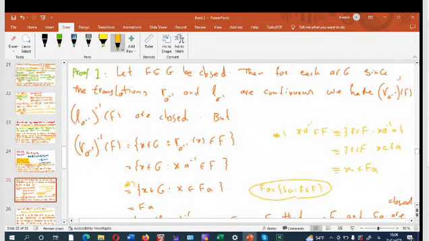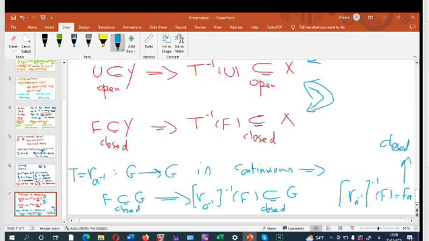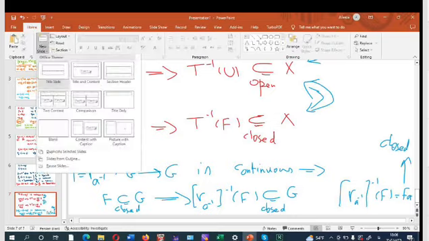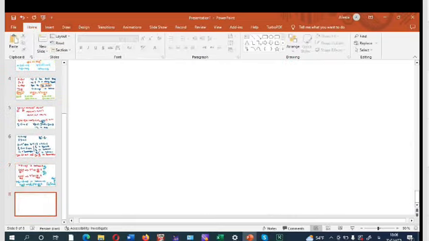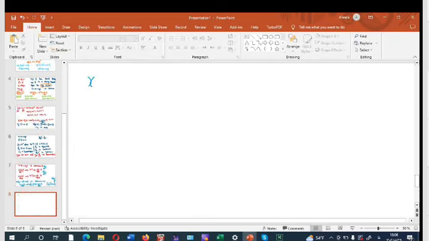This is very easy, because the inverse image of this set equals the set of all x such that T of x belongs to F. You know that x is an element of this inverse image if and only if T of x belongs to F, okay?